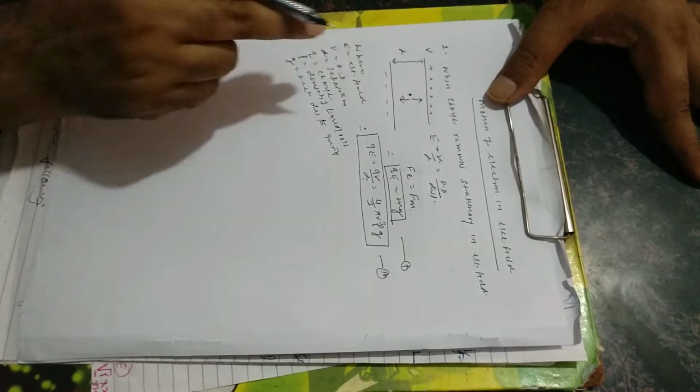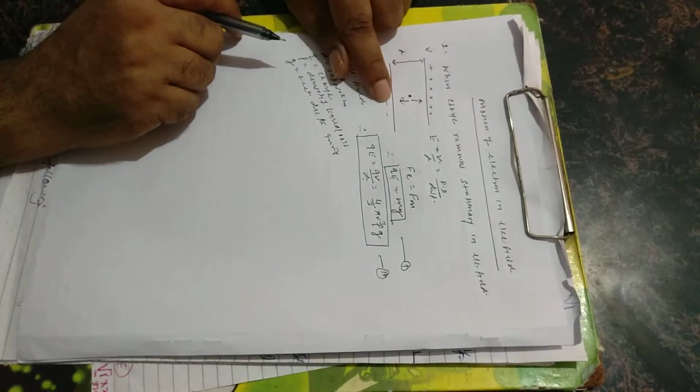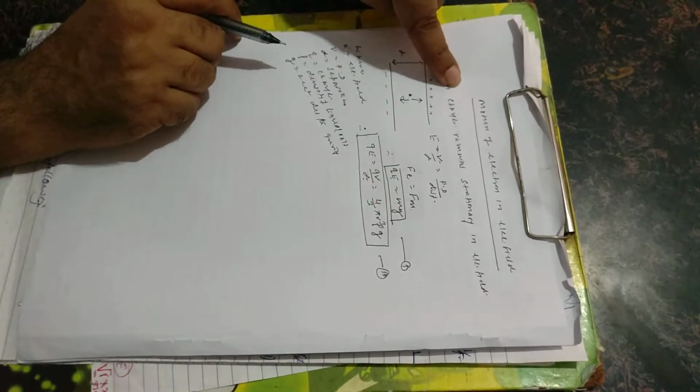So this is the condition when charge remains stationary, meaning downward force due to weight is equal to upward force, electrostatic force.